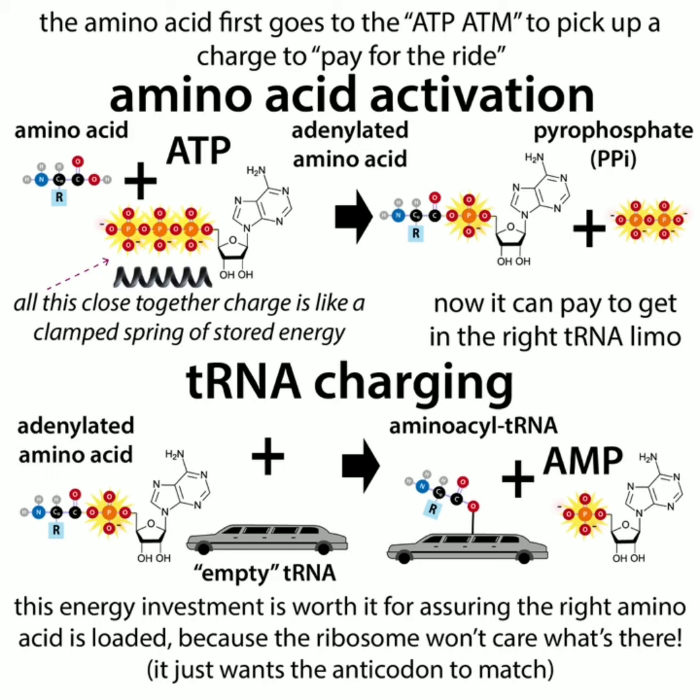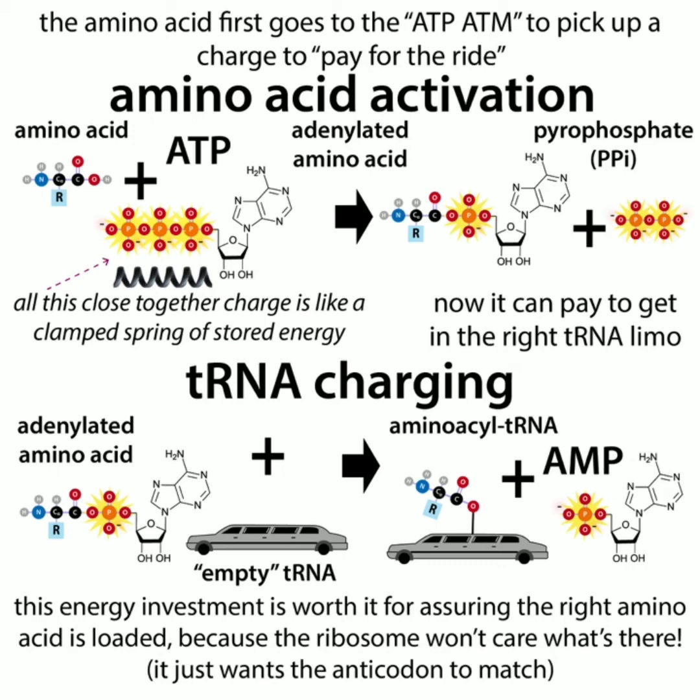So basically, if the right anticodon comes, it'll stick to that codon. And so that's all taking place through the RNA part of the tRNA. And so we want to make sure that the right amino acid is there. And so this is where the amino acid activation and tRNA charging steps, where the proofreading comes in, is really important.